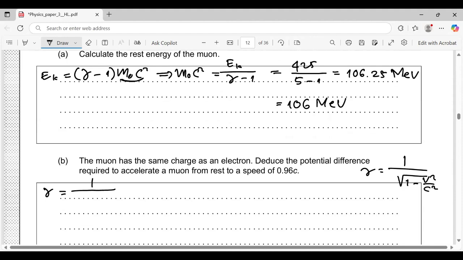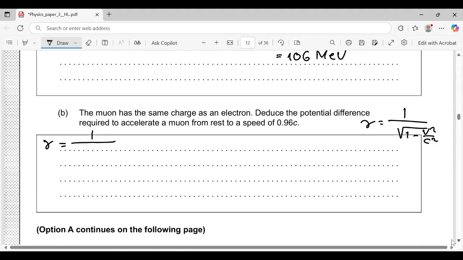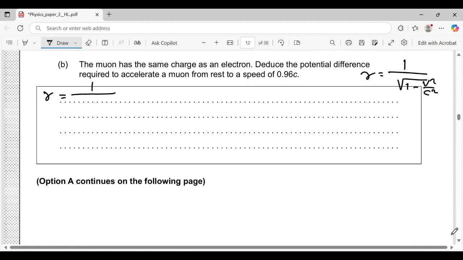On part 5 we already used this formula. So gamma is 1 over the square root of 1 minus (0.96c) over c, squared.